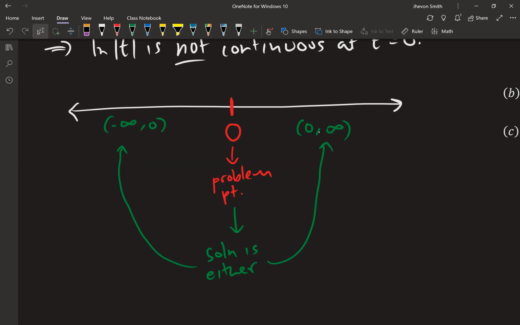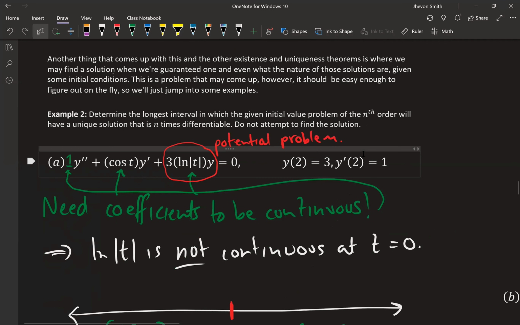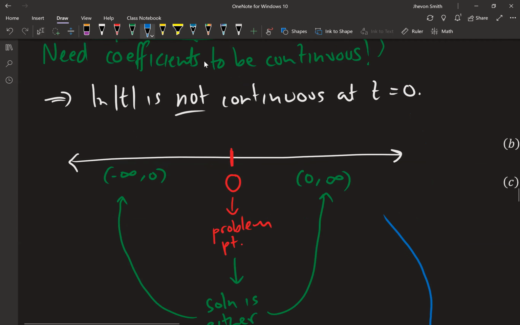It cannot be on any interval that includes 0, because at 0, I have a discontinuous coefficient. How do I know which one to pick? Well, my initial condition occurs at y of 2 and y prime of 2, which means I need to choose an interval where 2 actually fits. So if I look at where 2 would actually fit, here's the 2, and I go up and I look, which one of these intervals would include 2?